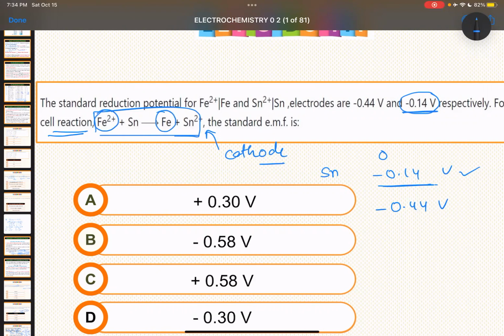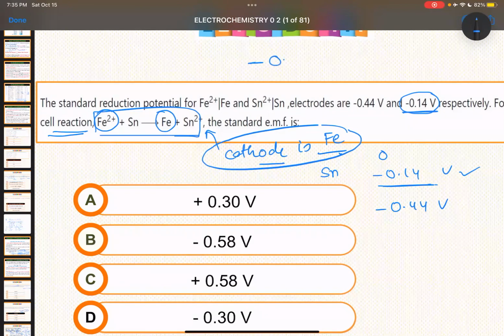So Fe is the cathode as per the equation, and Sn is anode. So you are going to take the reduction potential of the cathode, which is minus 0.44, minus the reduction potential of the anode.